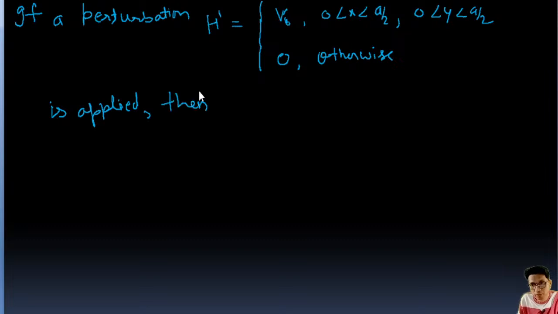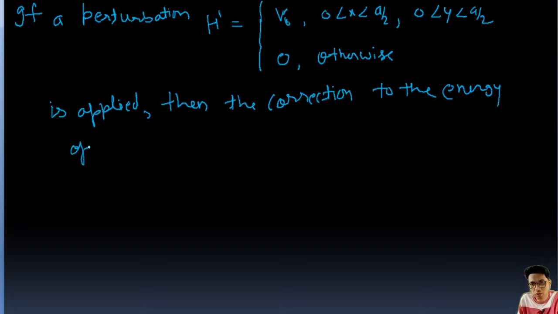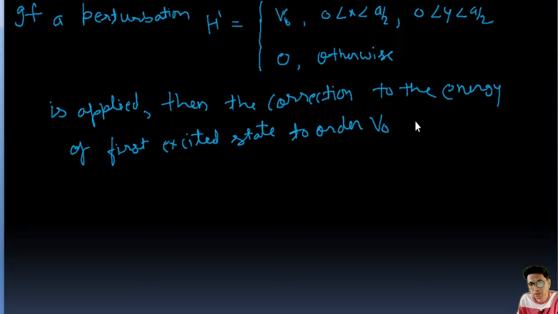Then the correction to the energy of first excited state to order V naught is.